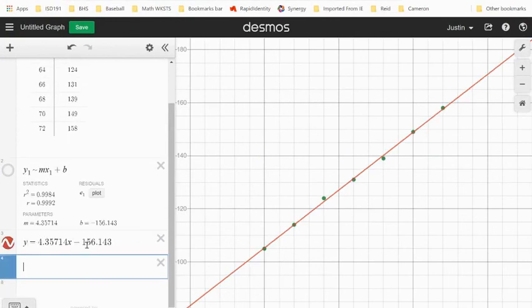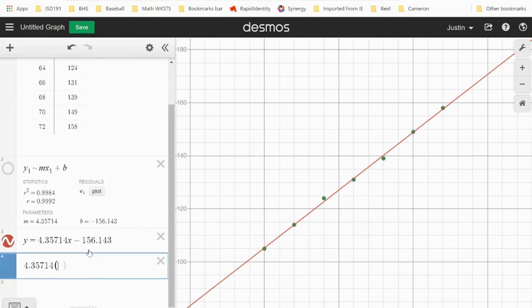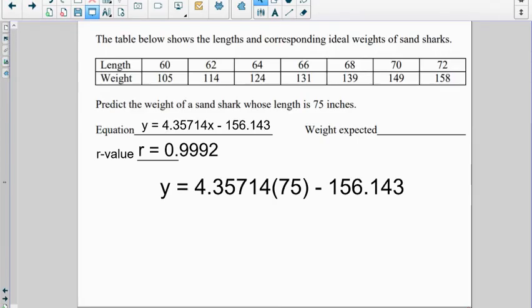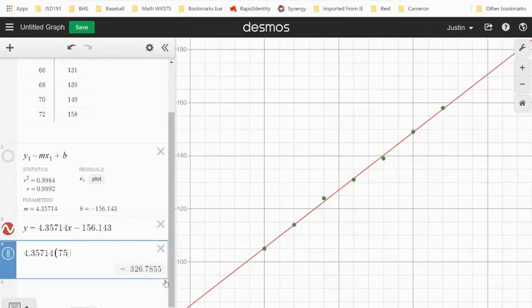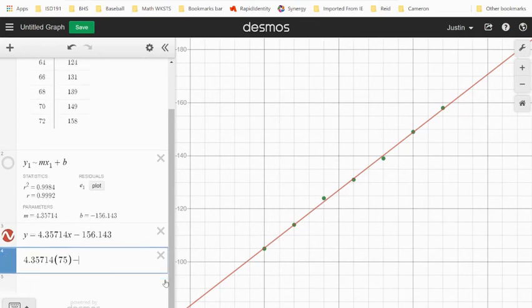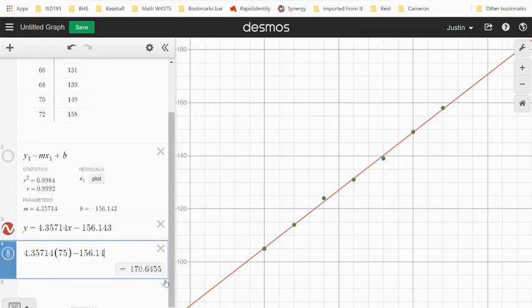It's actually right here. 4.35714 times 75 inches. I get it in the parentheses. And then I have to subtract 156.143. So I'm just taking this part of the equation and putting the length in for X, so 75 inches, and that will predict the approximate weight.